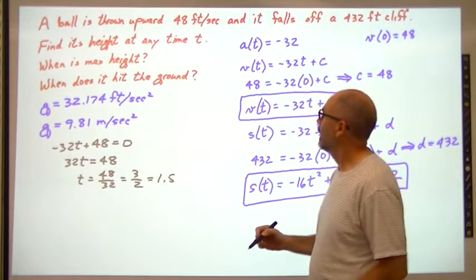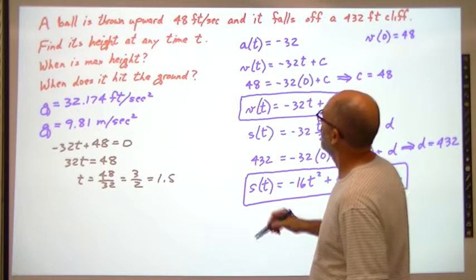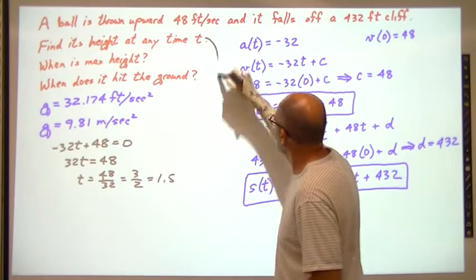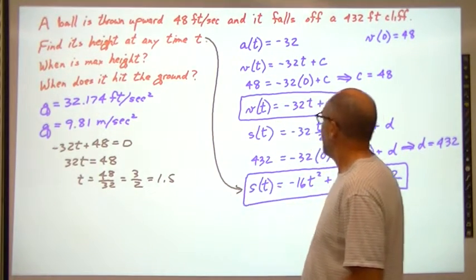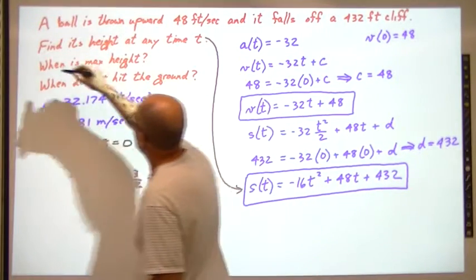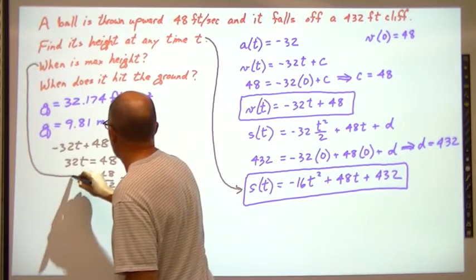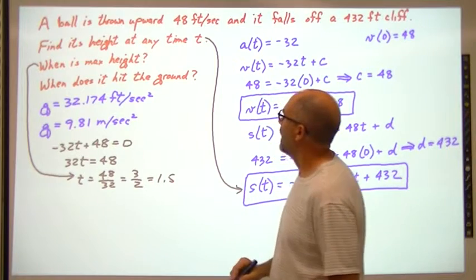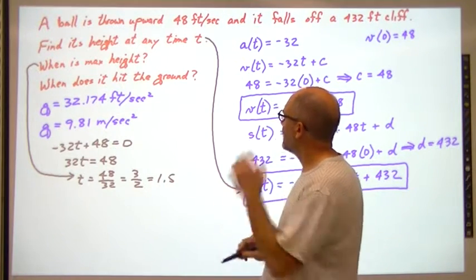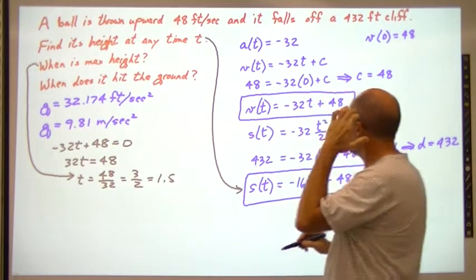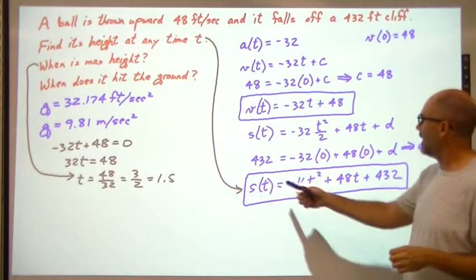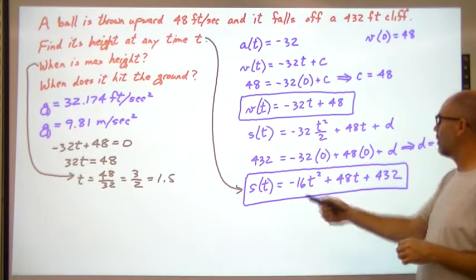So we've got the height at any time, here's the maximum height, the time of the maximum height. And then when does it hit the ground? Well, when it hits the ground is when s equals 0.